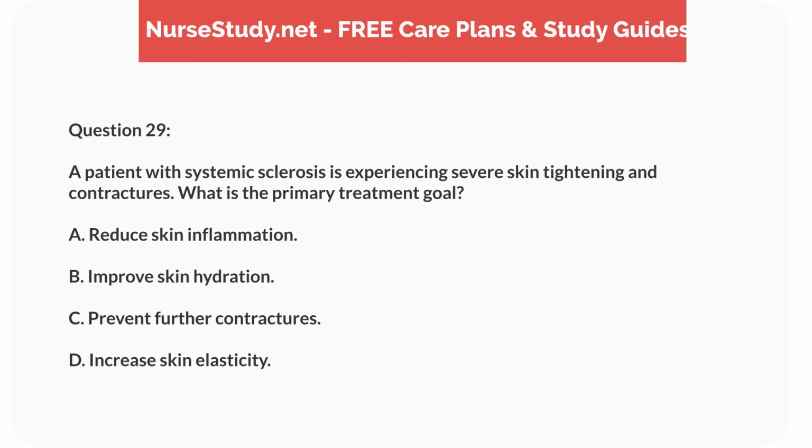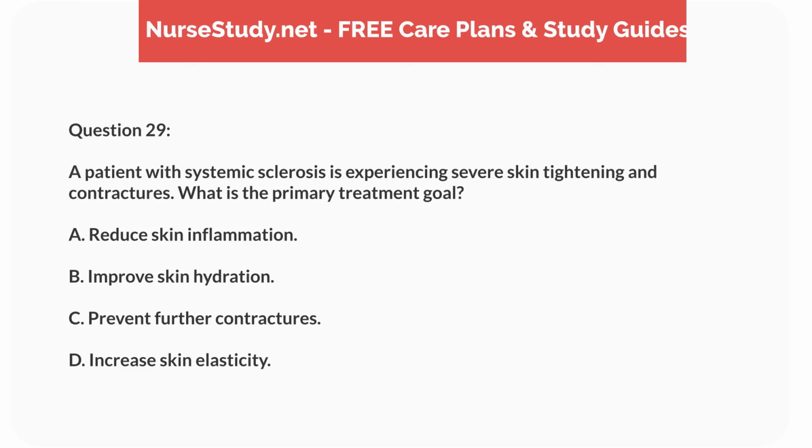Question 29. A patient with systemic sclerosis is experiencing severe skin tightening and contractures. What is the primary treatment goal? A. Reduce skin inflammation. B. Improve skin hydration. C. Prevent further contractures.